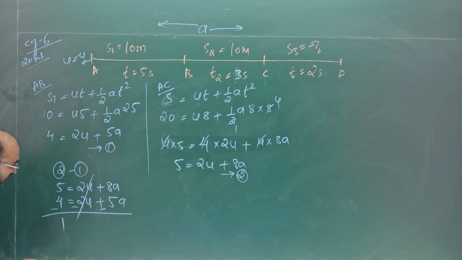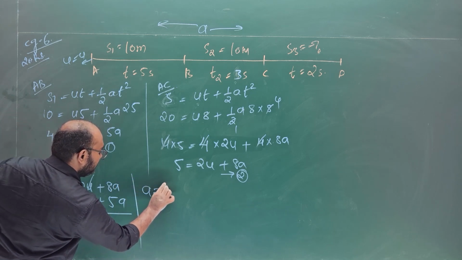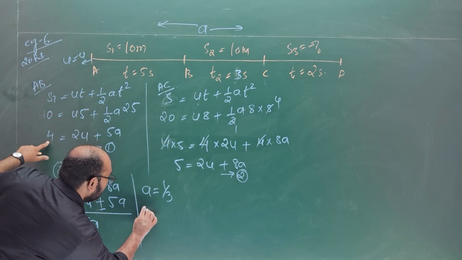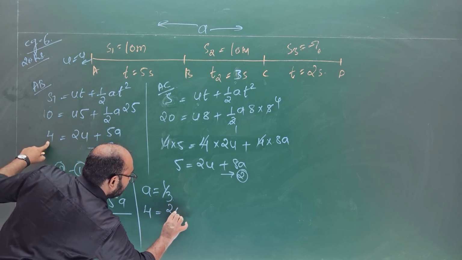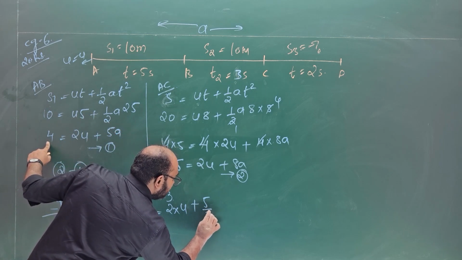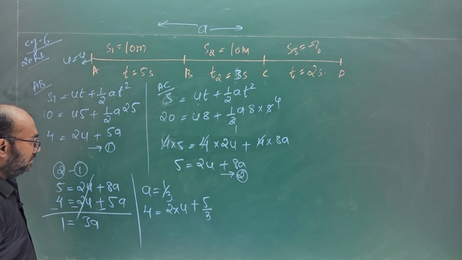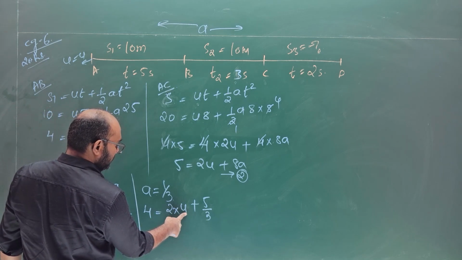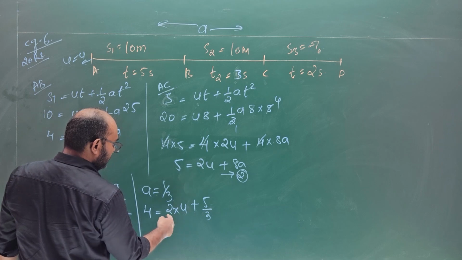Left out is what? 1 is equal to 3a, so acceleration we got is 1 upon 3. Substituting in any equation you will get u. So 4 is equal to 2 into u plus 5 by 3.